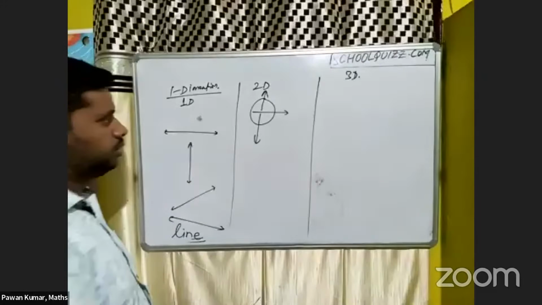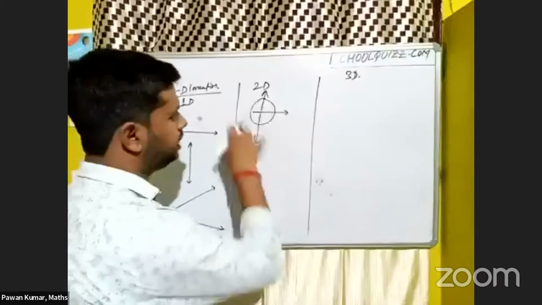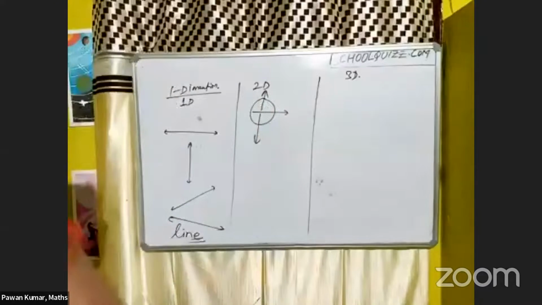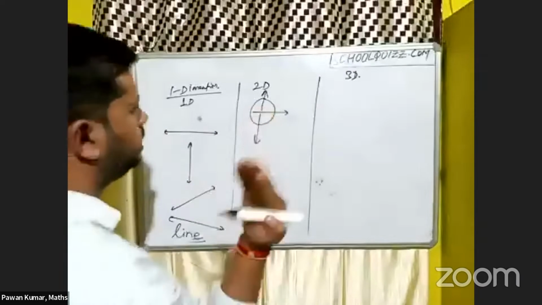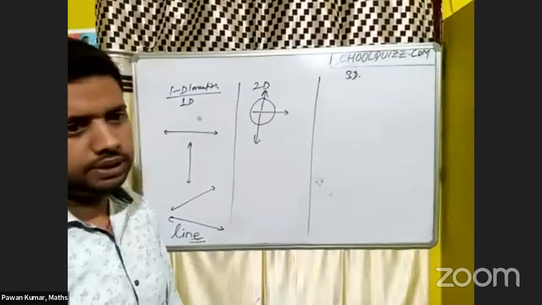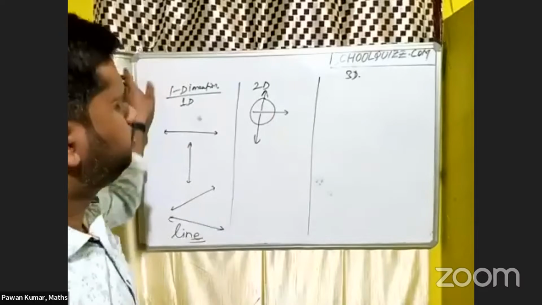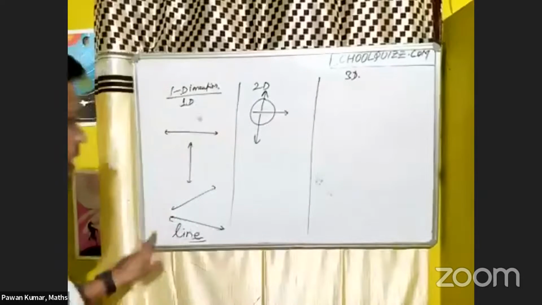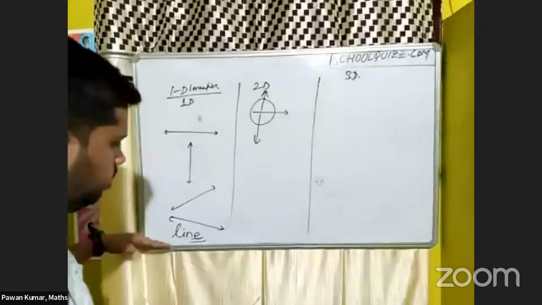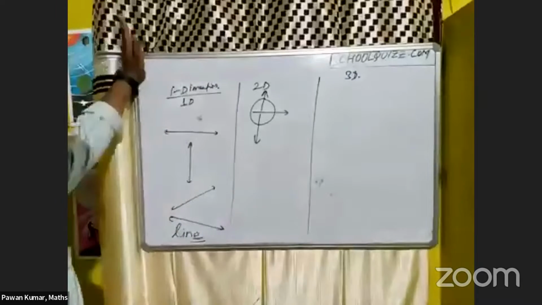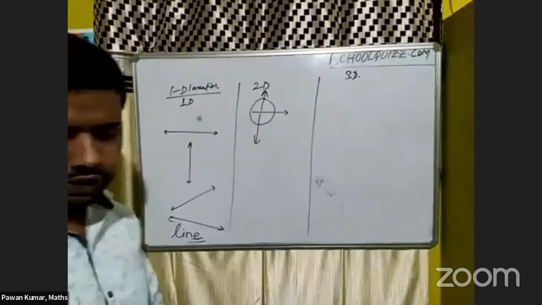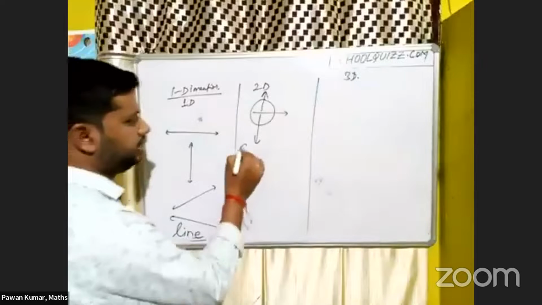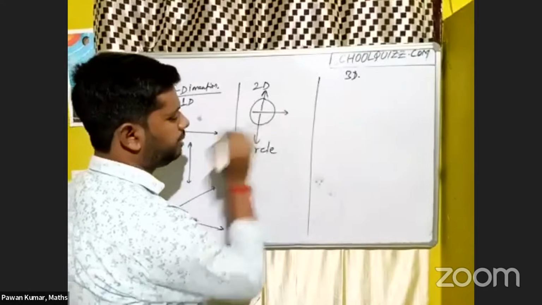Simply I'll go up or down on this face only. I can't go above this board or below this board. Correct. So basically, this board is nothing but 2 dimensional only. This will be the length. This will be the breadth. Understand? So whatever figure I am representing, like a circle, a circle is a 2 dimensional figure.